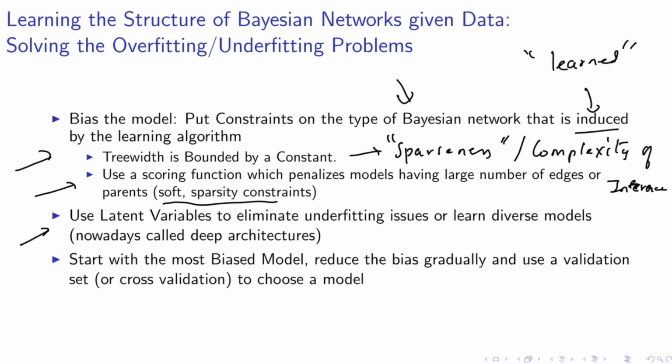Okay, and we can use latent variables to not only reduce the bias, or underfitting issues, but we can also learn more diverse models, which capture different parts of the distribution very well, right? And in such cases, even if your model is very sparse, it can actually capture a large number of dependencies that exist in the original model from which the data is being generated.